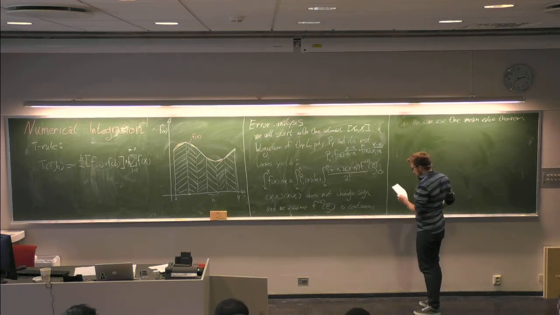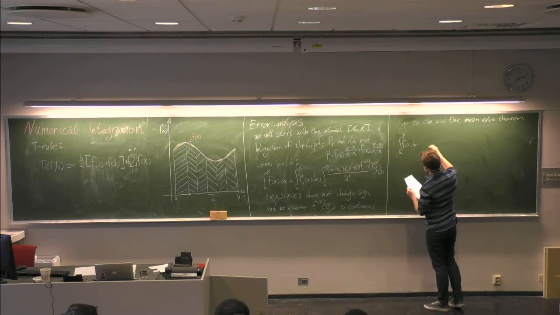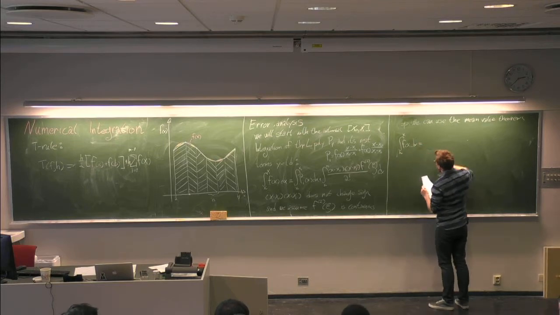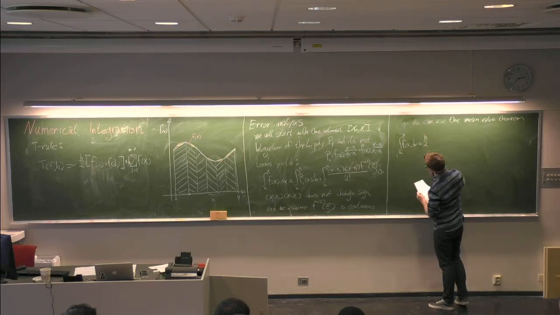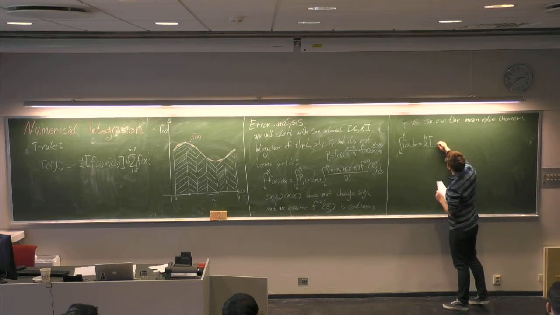So, which means we will have, let's see, from x0 to x1 of f(x) dx will be h over 2. So here I'm using this convention.